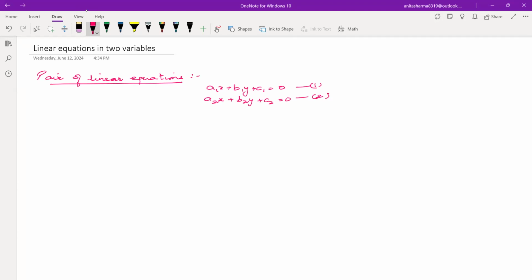So, see, determine the value of k for which the following linear equations have no solution. Children, kindly turn on your camera if possible.